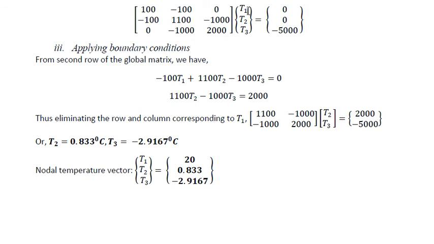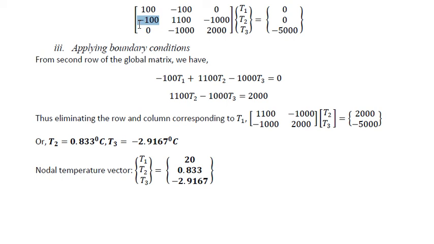Since T1 is known, which is 20 degrees centigrade, we will try to eliminate the first row and first column. The first row can be eliminated, but the first column cannot be eliminated because it contains this element.